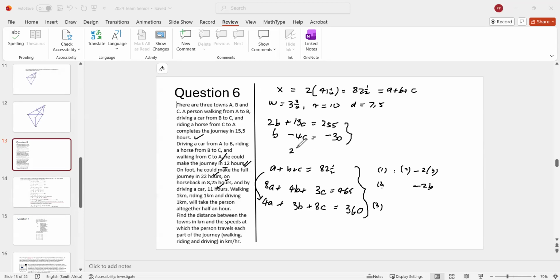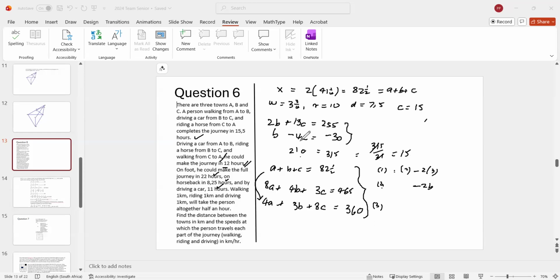You get 21C, because 13C plus 8C is 21C. And you got 255 plus 60, which is 315. So 21C is 315. So C is equal to 315 over 21. This works out nicely because 21 goes exactly into this 15 times. Right, so we got C.